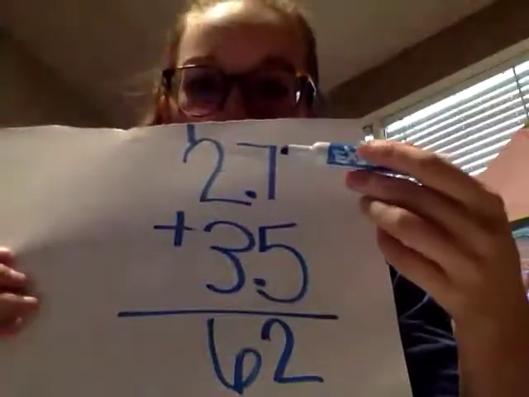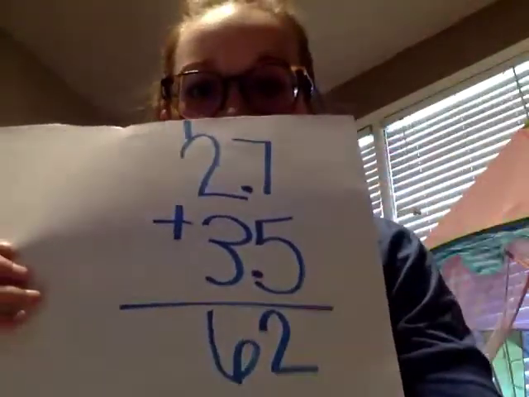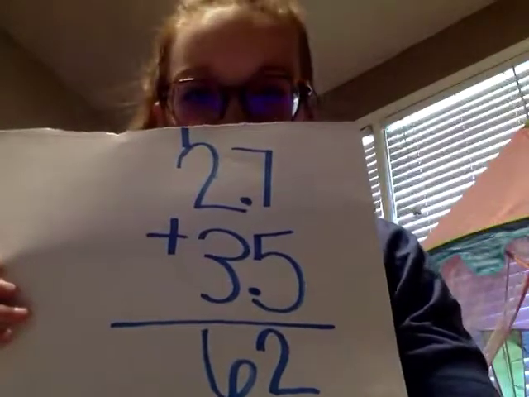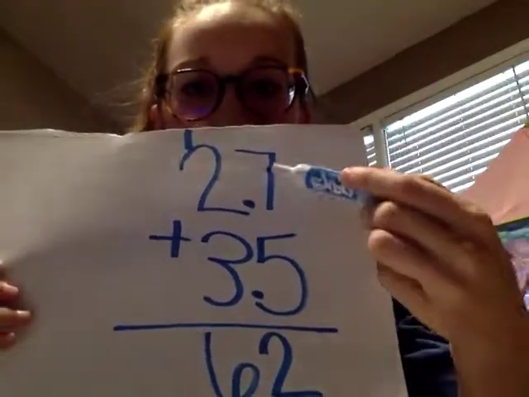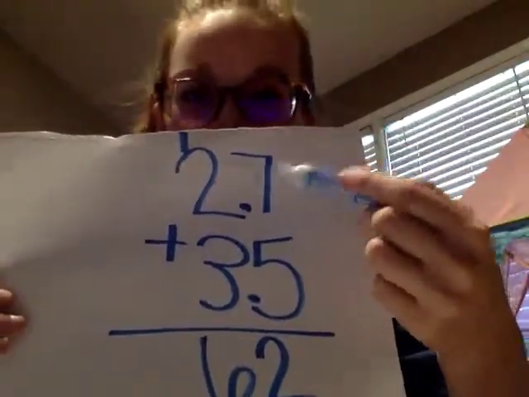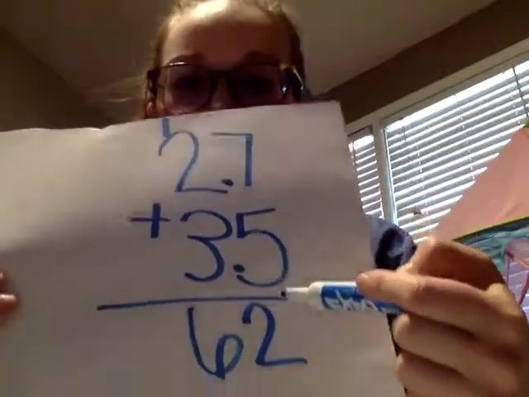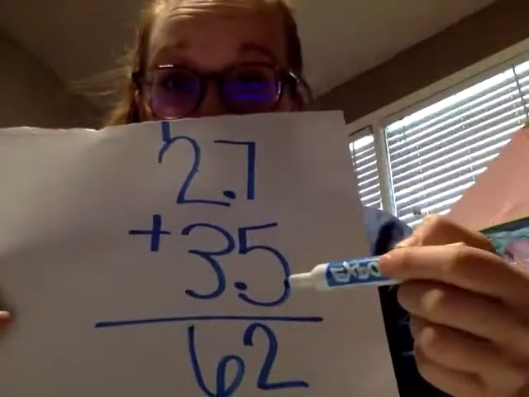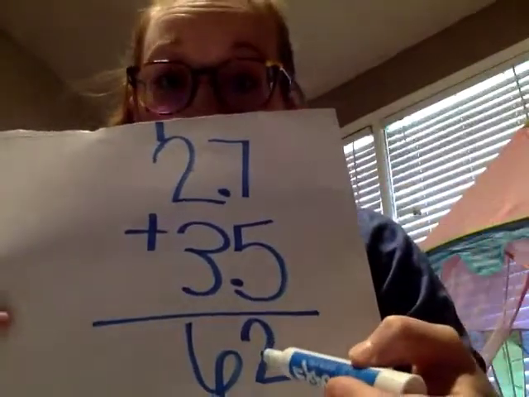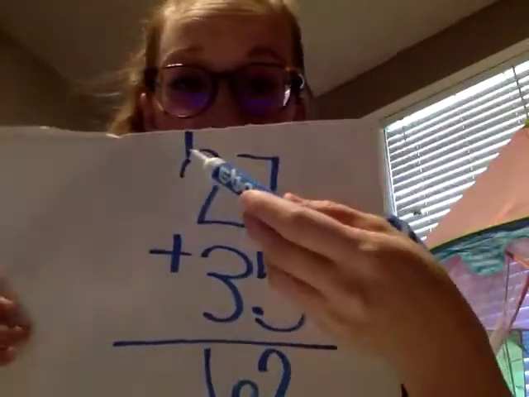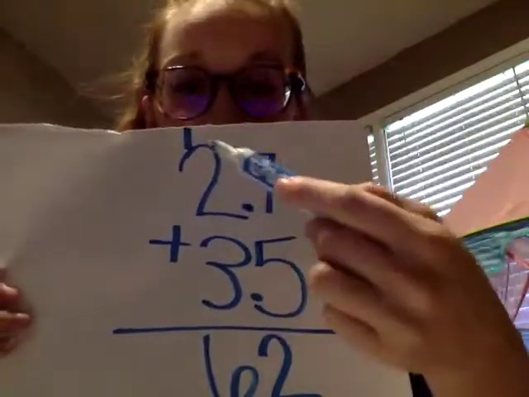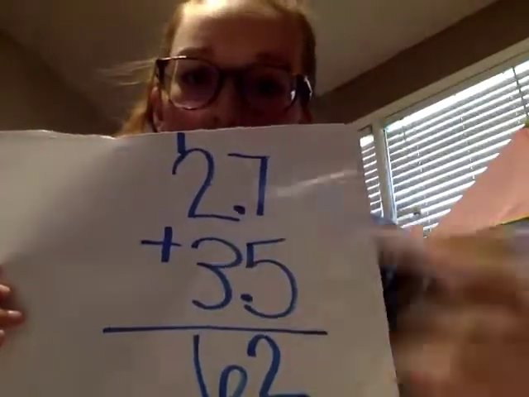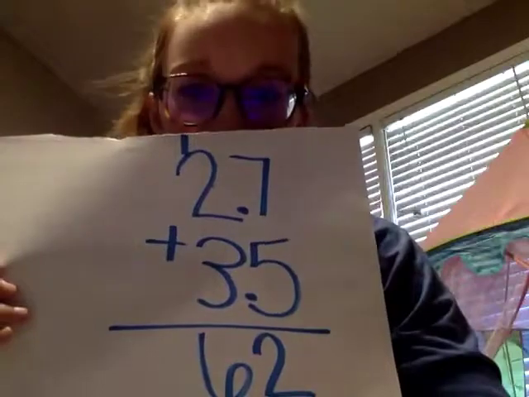But since we now have a 10th place, that number is smaller than a ones place. So we're still going to start with 7 plus 5, and that equals 12. So we put our 2 and we carry our 1. 1 plus 2, 3, plus 3, 6.